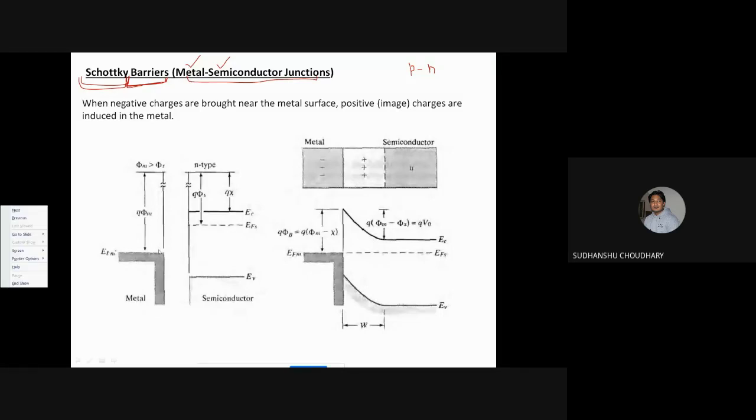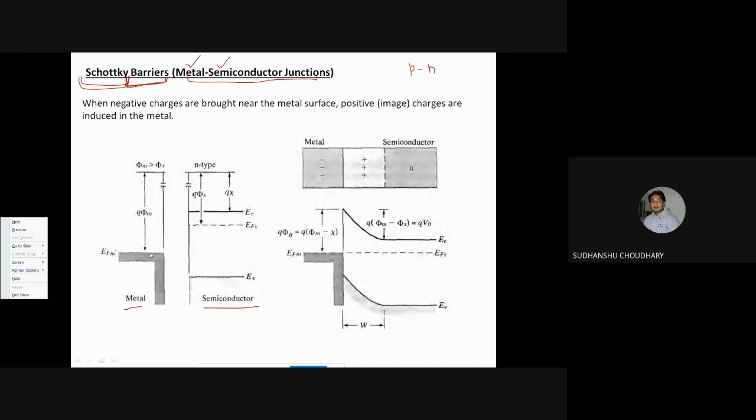So let us say that we try to contact a metal with a semiconductor. Now the energy band diagram of a metal can be represented by simply a Fermi level. In fact, we understand that in a metal, the conduction band and valence band overlap each other.